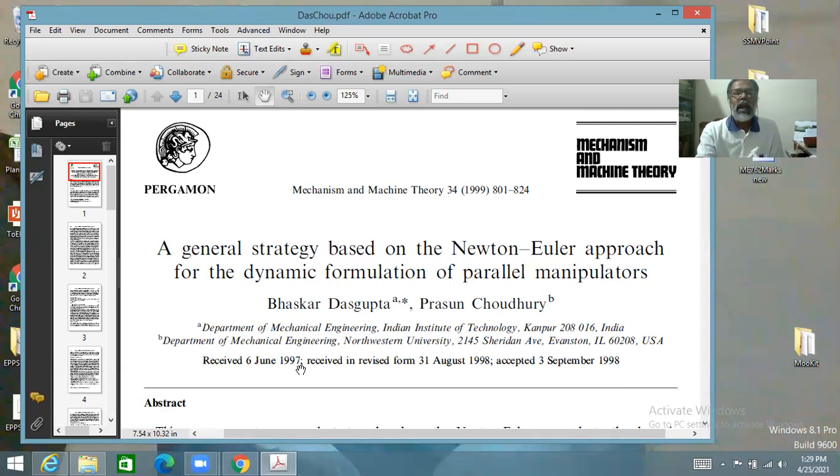That is why it was sent from a different address. It was Department of Mechanical Engineering, IISc Bangalore. But after acceptance, when we sent the final version, the addresses were changed. At that time, when it was sent first, both of us were in IISc. I was waiting for my PhD thesis report, and this gentleman was waiting for his master's thesis report, MSc Engineering thesis report.